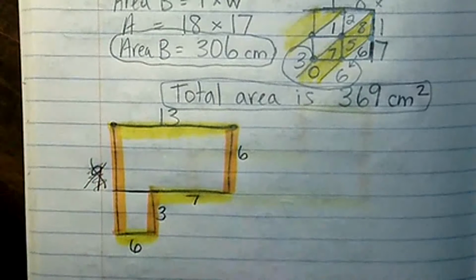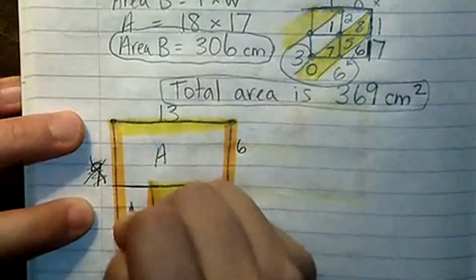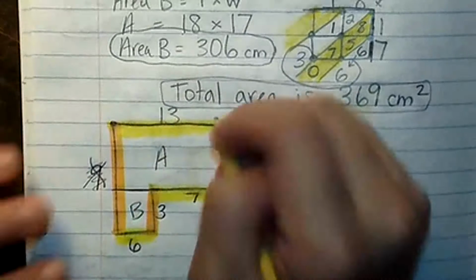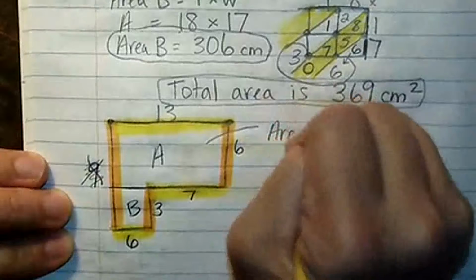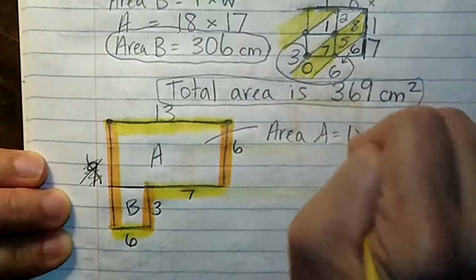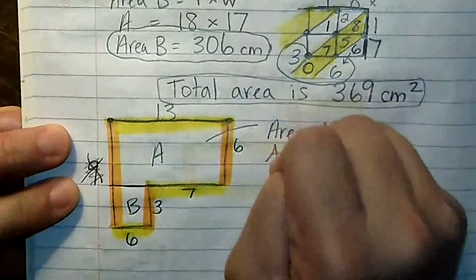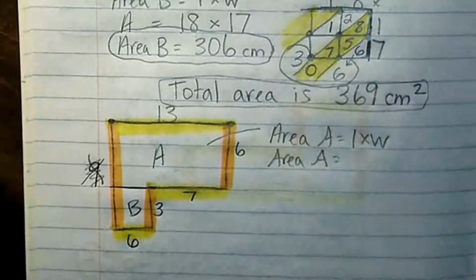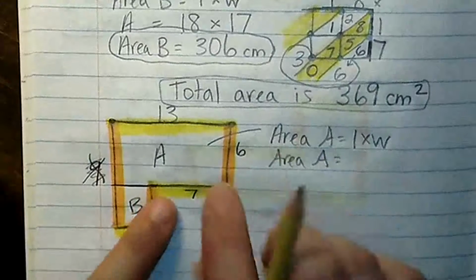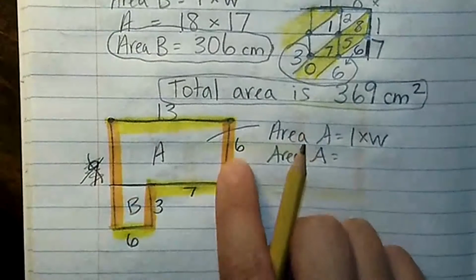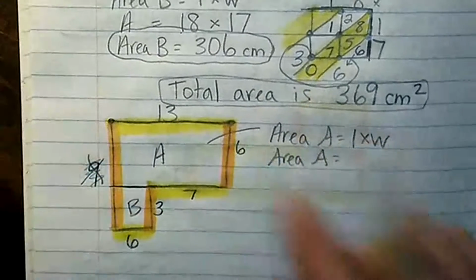Now, I need to find the area of A and I need to find the area of B. So area A equals length times width. Area A equals, should I use 7 times 6 or should I use 13 times 6?